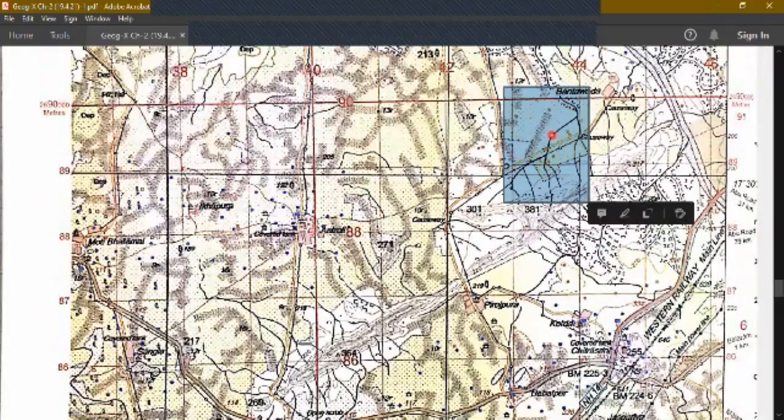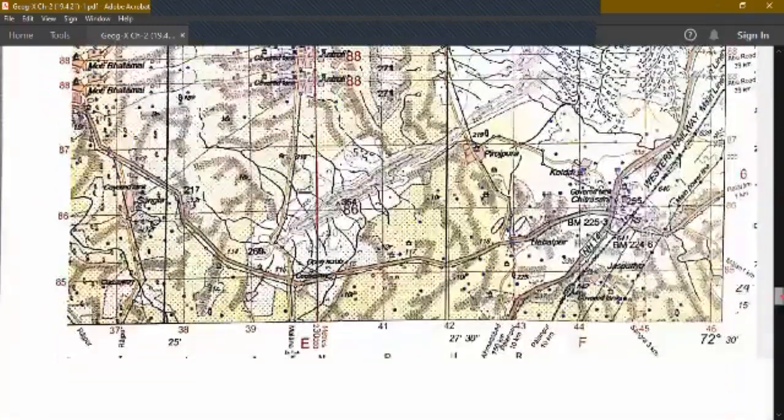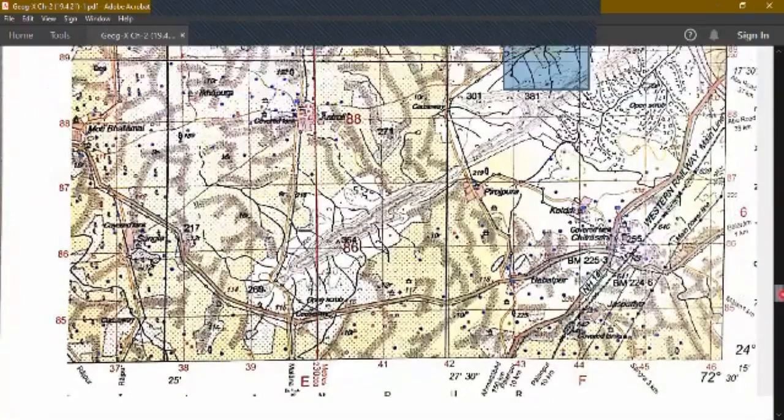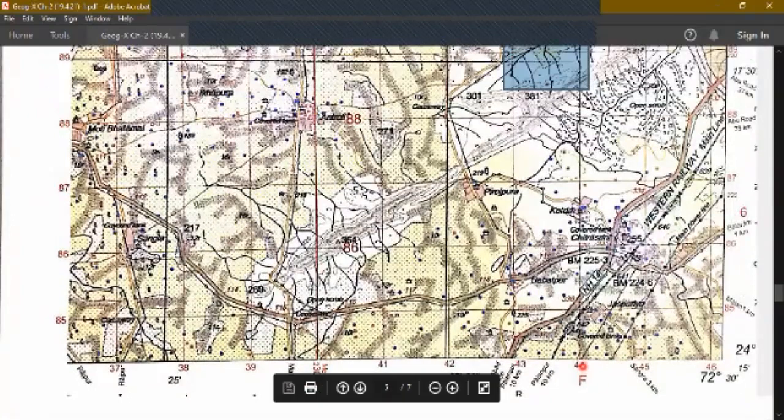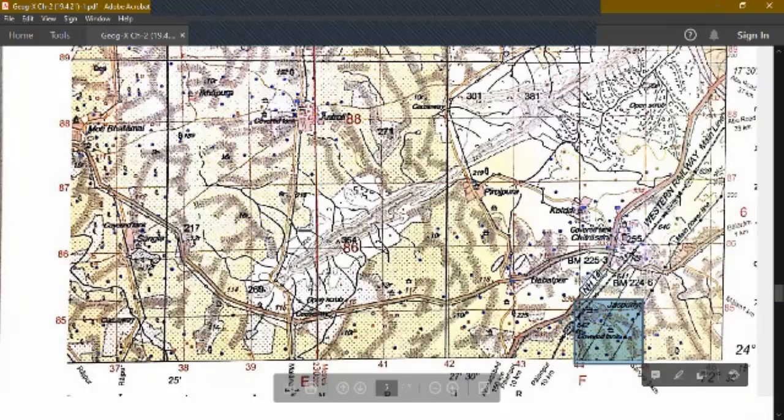In the next grid, 4485, the settlement pattern is nucleated settlement. I hope you understood this.